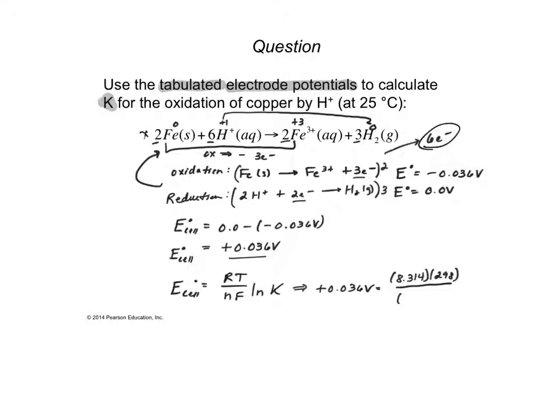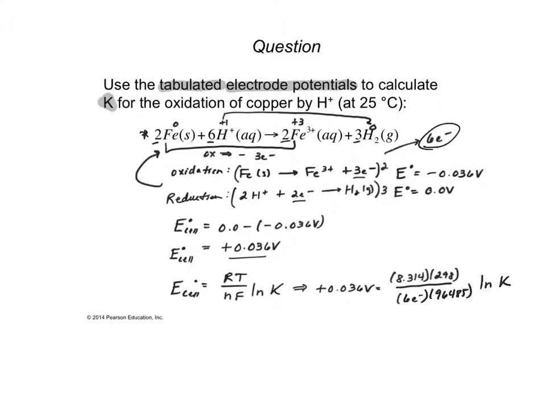It's for the balanced overall redox process. And again, it has to take into account the balancing of the charge. Okay, so this is 6 electrons. And then we've got Faraday's constant, 96485, ln of K. So we're going to manipulate some things. I think, yeah, I counted for 6.